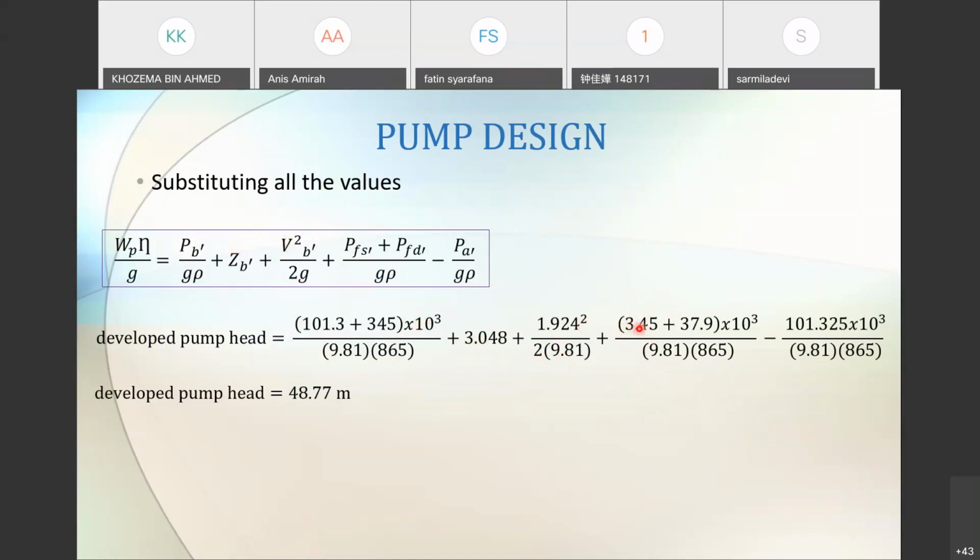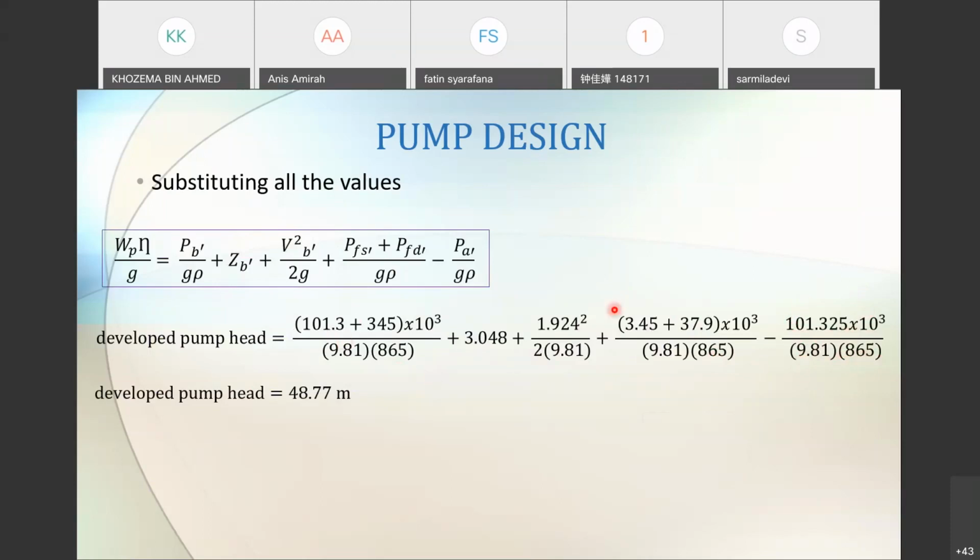on the suction side, and this is the value of friction head on the discharge side, over your value of gravitational acceleration times your density, minus the pressure head on the suction side. It was mentioned that the reservoir is at atmospheric pressure, so the value is going to be 101.325 over gravitational acceleration times your density.